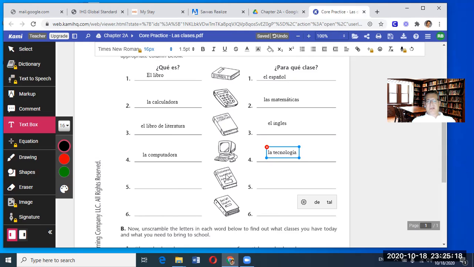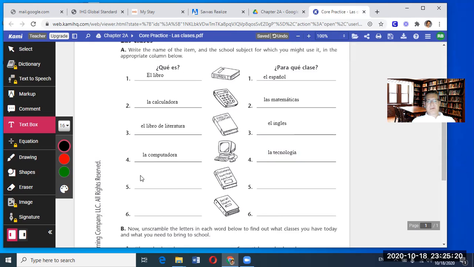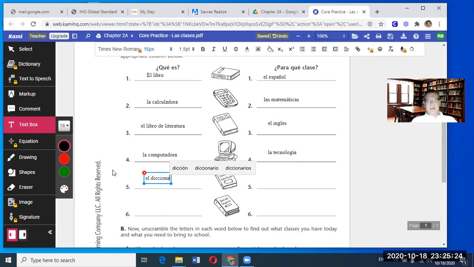Dictionary, Spanish, English dictionary. What class do you need it for? El diccionario. We need it for la clase de español. El español. Social studies, but this is a ring binder.